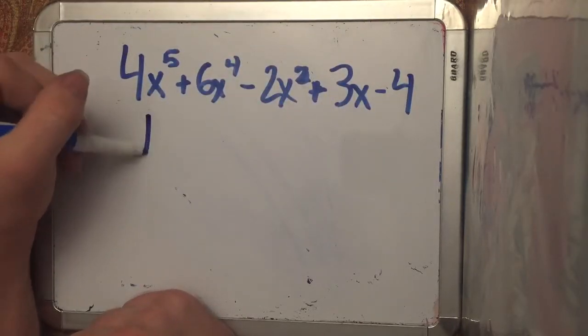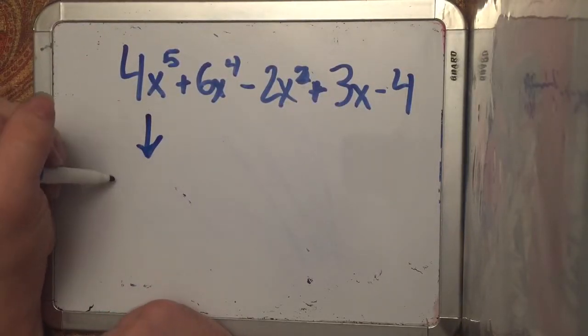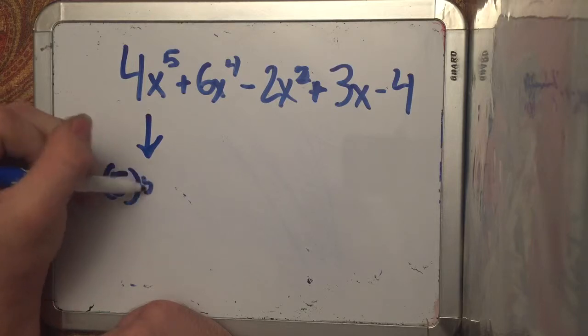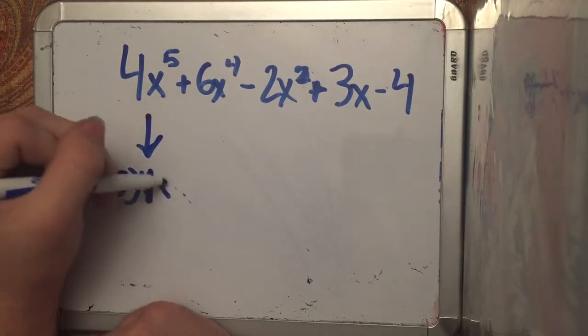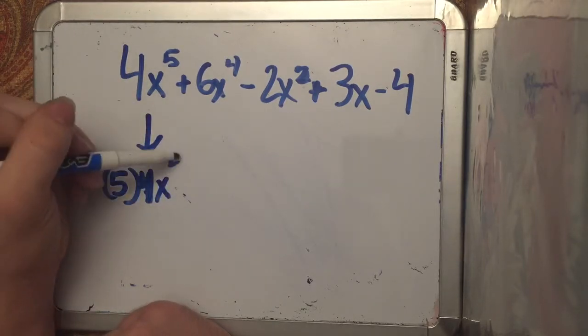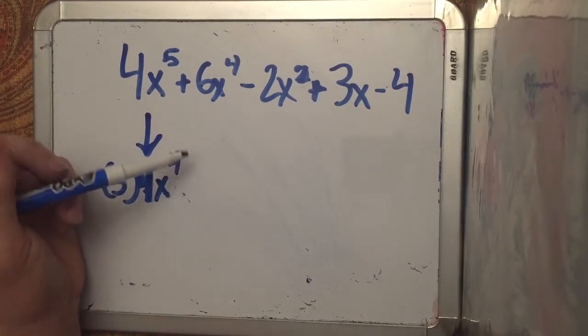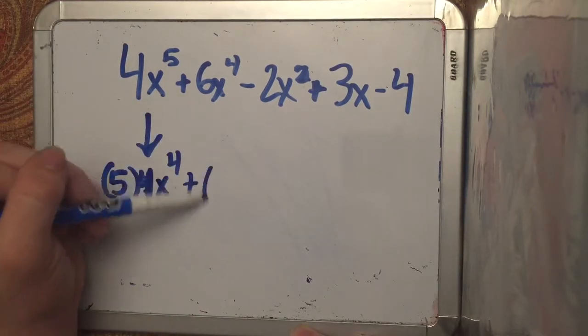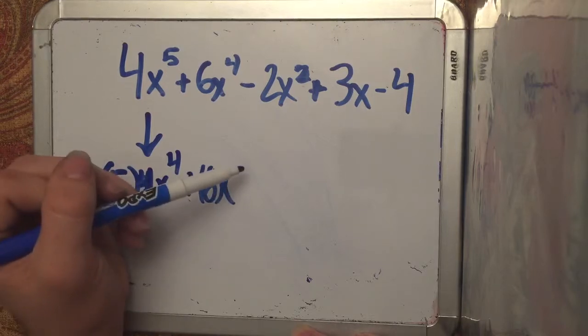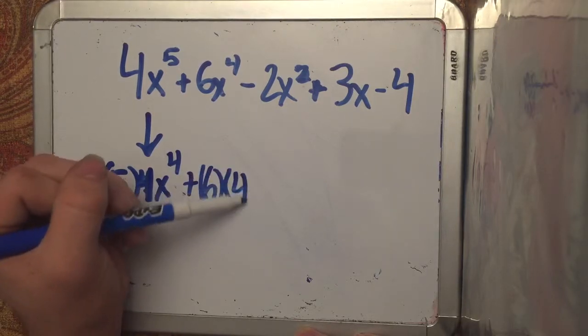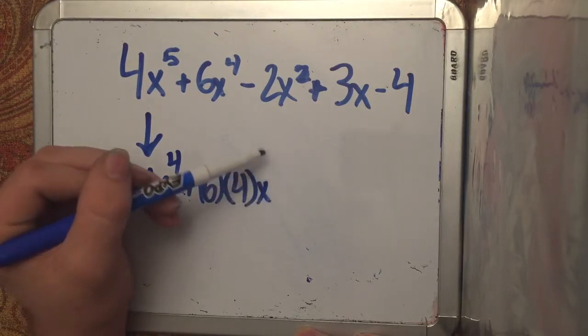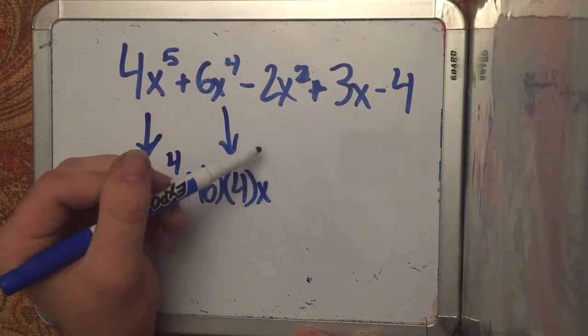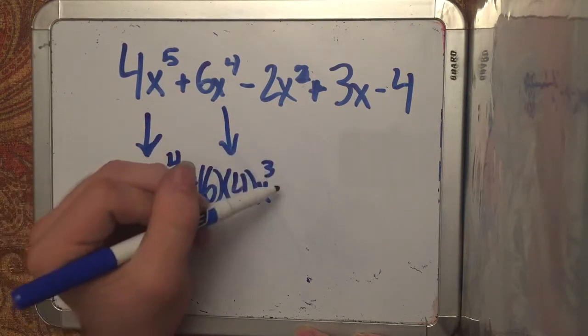And so we're going to look at this one first. And this becomes, we got n, 5, the coefficient of 4, times x to the 4th, which is 5 minus 1, 4. And then 6, the coefficient, times 4, which is n, times n minus 1, which is 3.